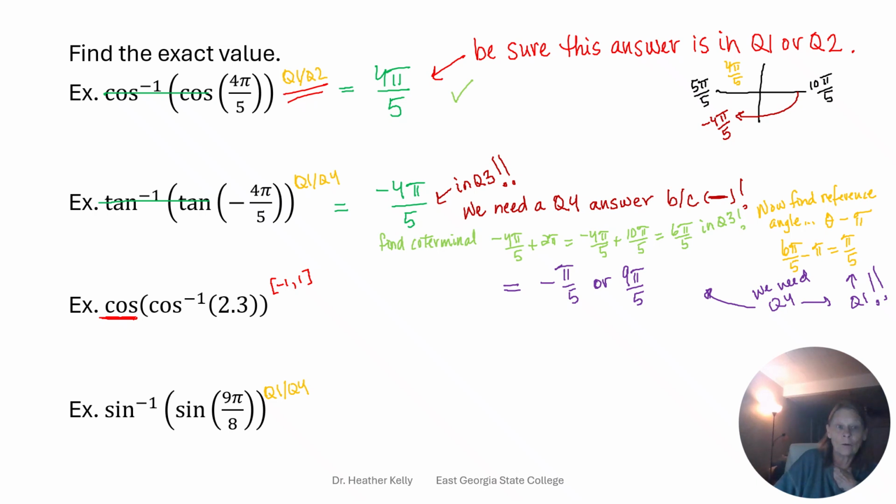2.3, and here the range of the cosine is -1 to 1. That means that the domain of the arc cosine is -1 to 1.